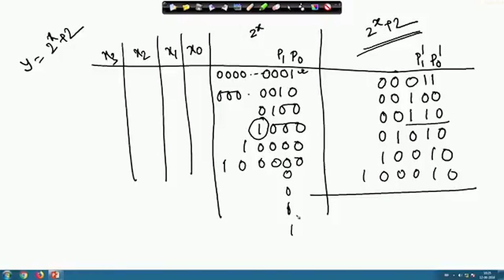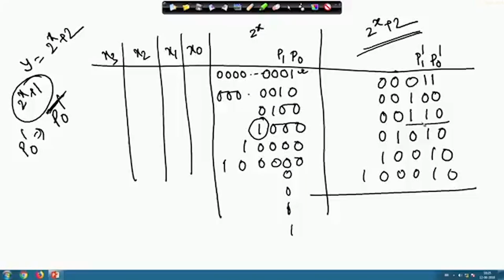So, in the earlier case, whenever we are doing 2 to the power x plus 1, what we have seen is that the P 0 dash position was changing, sorry, that was P 0 bar. So, now here also you see this P 1 dash is nothing but just inversion of this particular position, which is P 1.